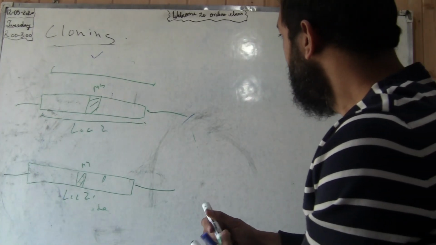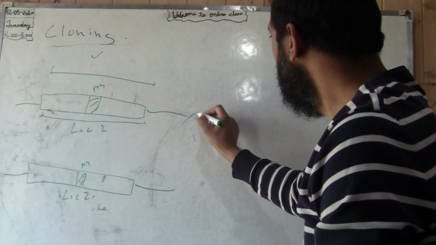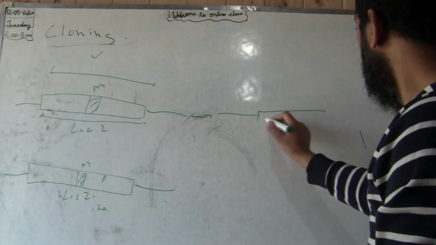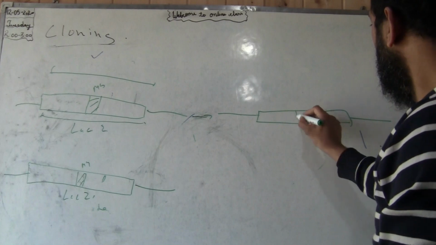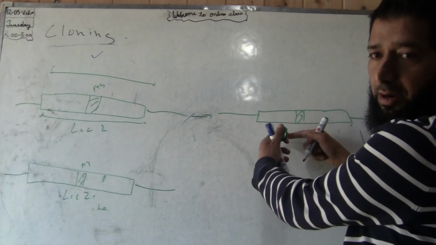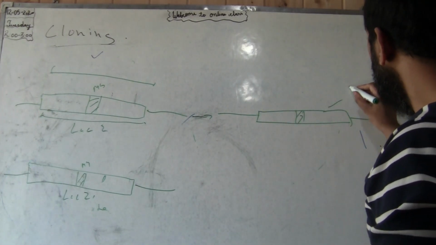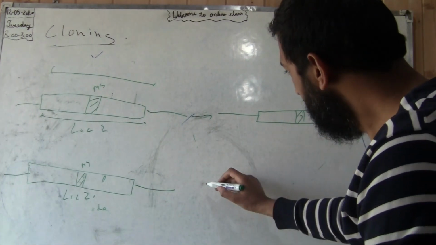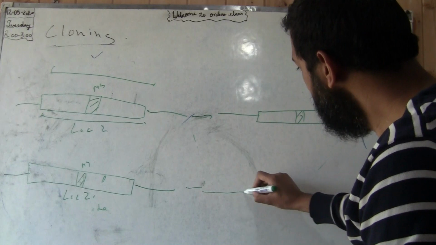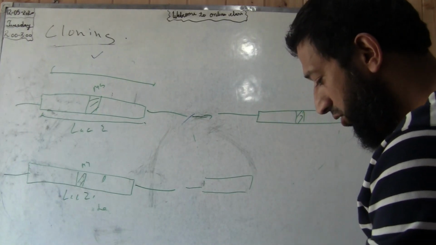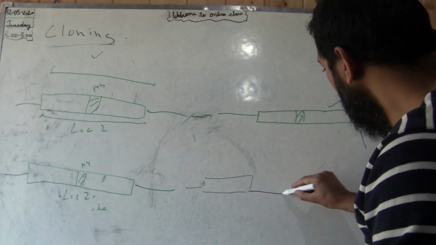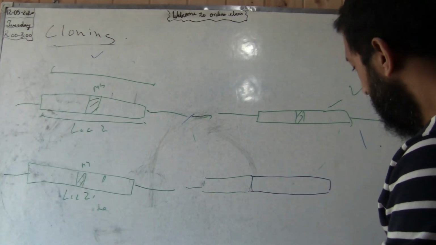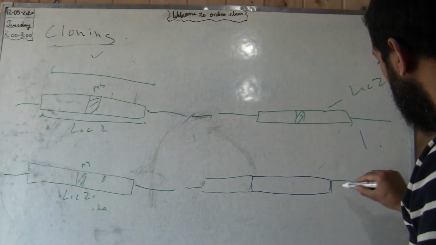One is that we restriction digested it and then it got ligated back. So this will produce functional LacZ. In this case, when we restriction digested it, we cloned our gene of interest in between, because we are adding an insert.